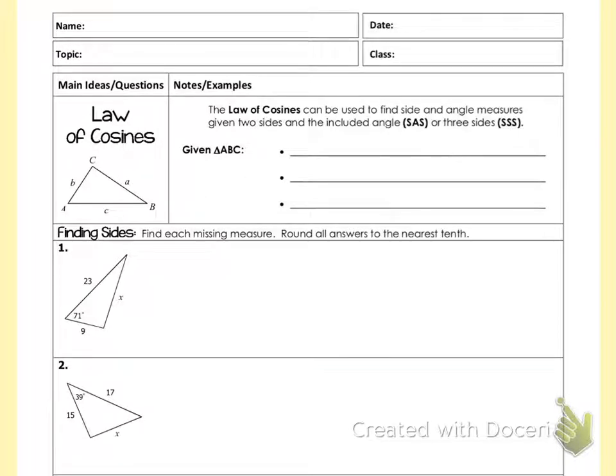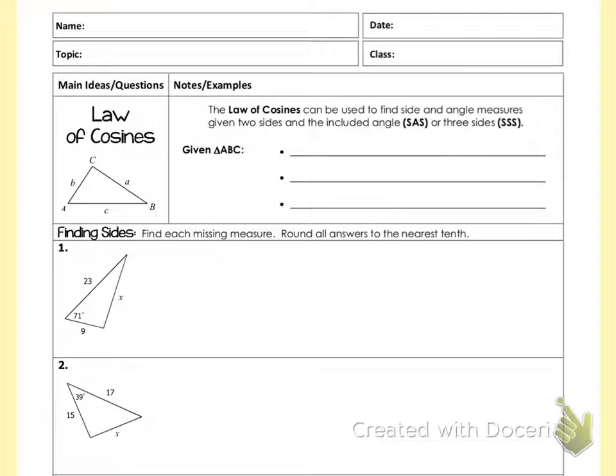So if you want to find angles using the law of cosines, you'd need to know the length of all three sides. If you're wanting to find a side, you're going to need to know two sides and the angle that's across from the side you're looking for. The law of cosines is usually given as three different statements, but really they all come back to just how we name the sides, the letters we use.